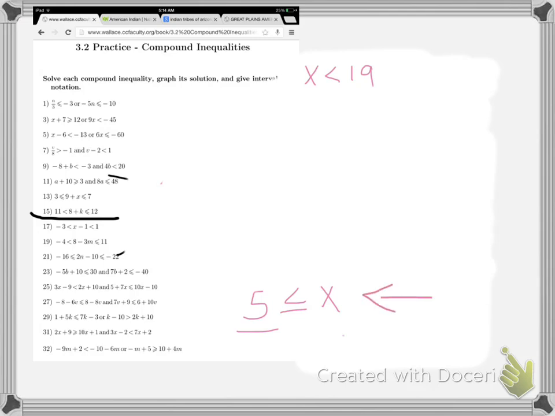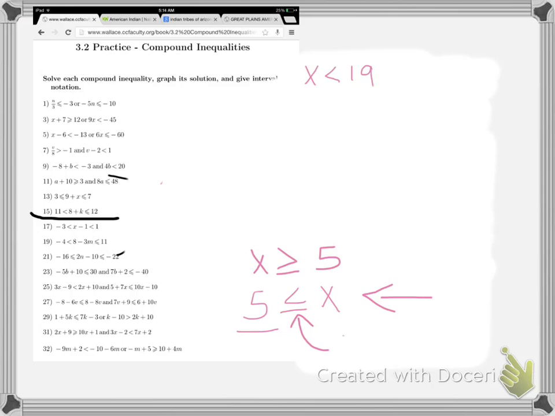Did that on purpose. The x should be on the left. The 5 should be on the right. Now, if you go swappy like that, I want you to make sure that this inequality gets swappy as well. So if you notice, the inequality was opening to the x. So when you swap it, you must make sure that it is still opening to the x.